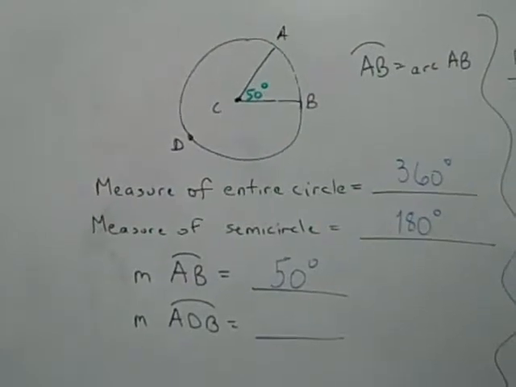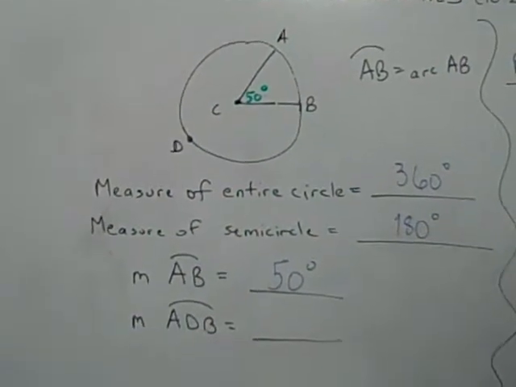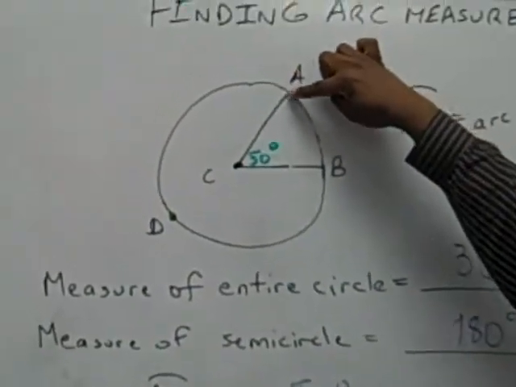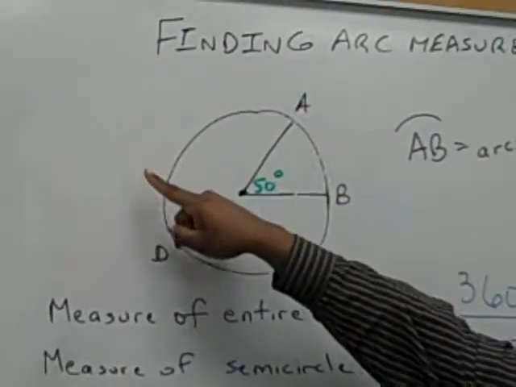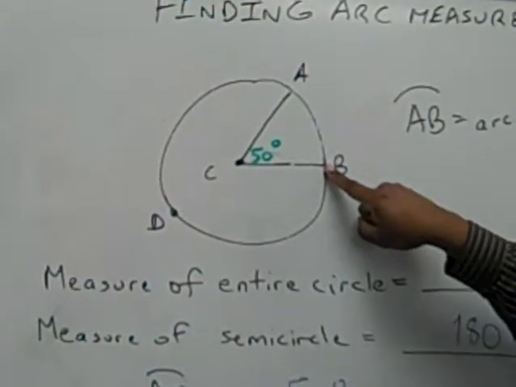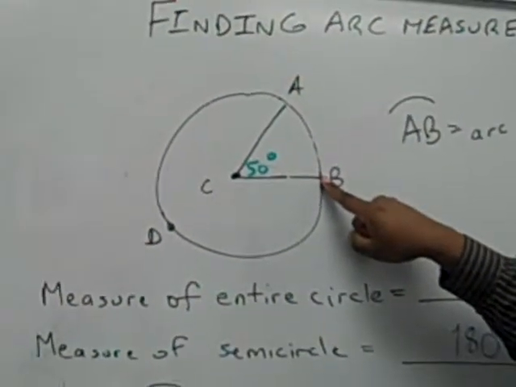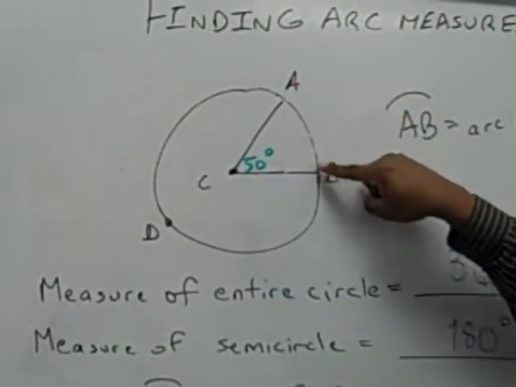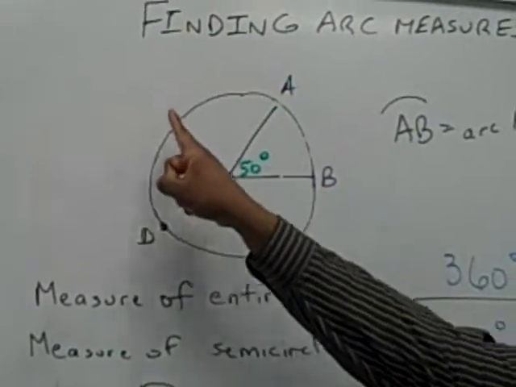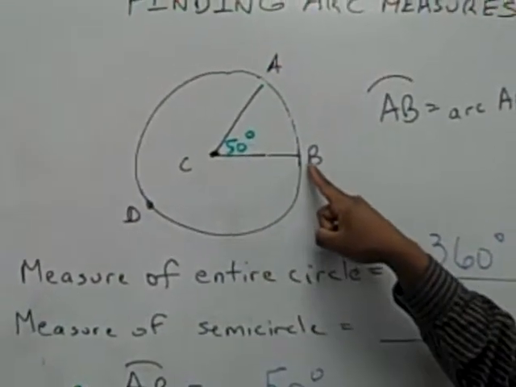And then finally, we have the measurement of arc ADB. Well, let's see where that is. A is right here. We have to go around to where D is, then come back around to where B is. All right? Well, if we already know what from here to here is, then what can we do to find the angle measurement going from here to there?